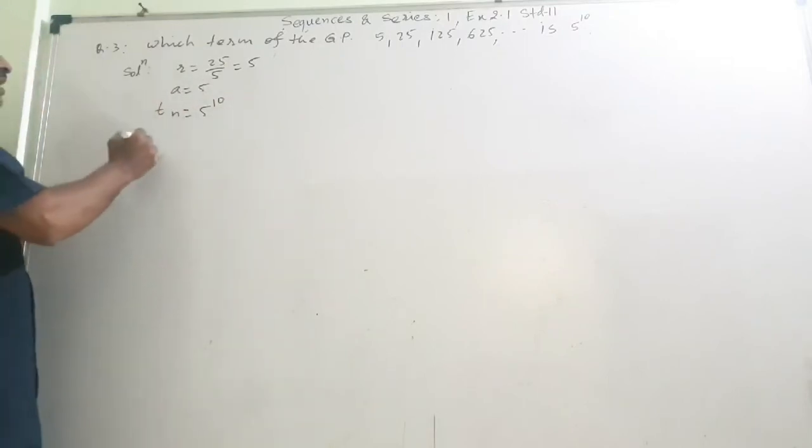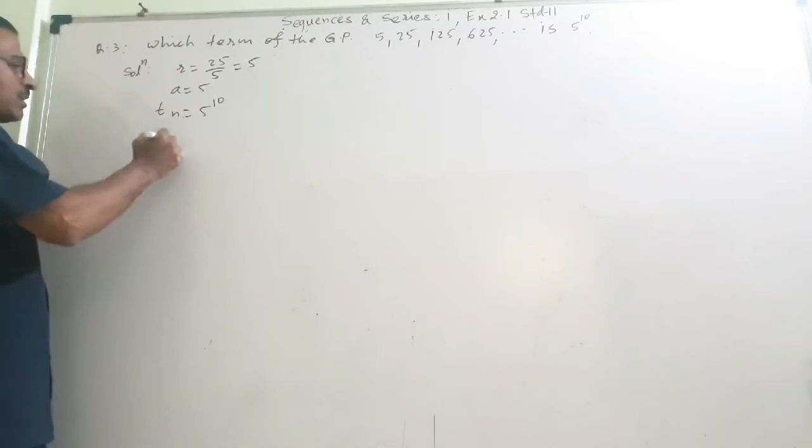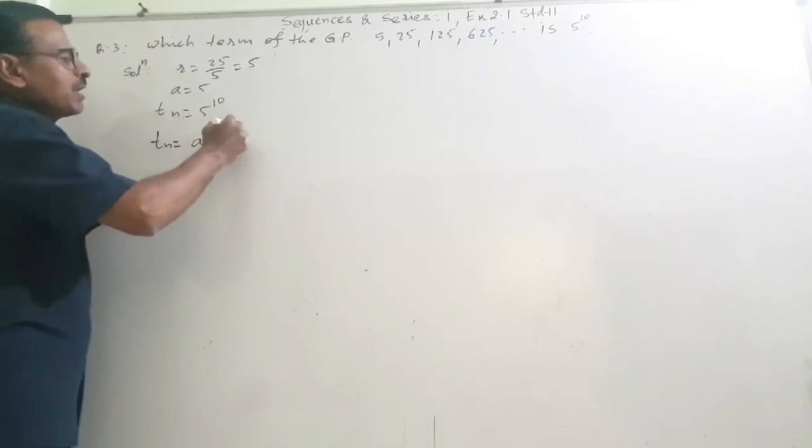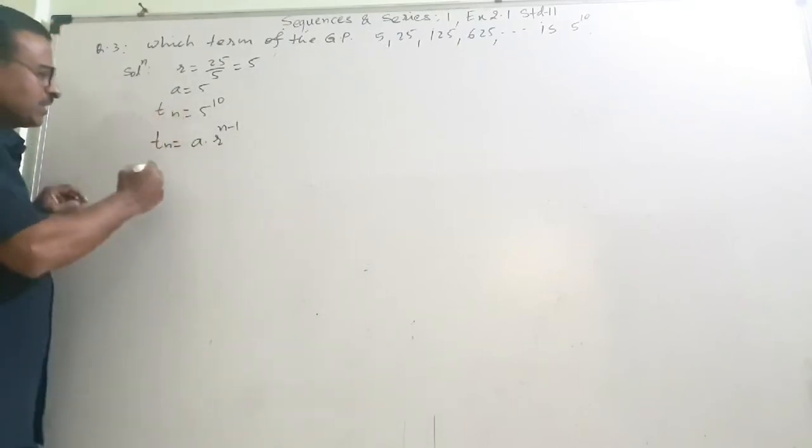Now what is the formula? Tn is equal to A into R raised to n minus 1. But Tn is 5 raised to 10.